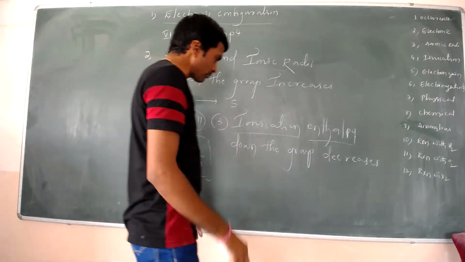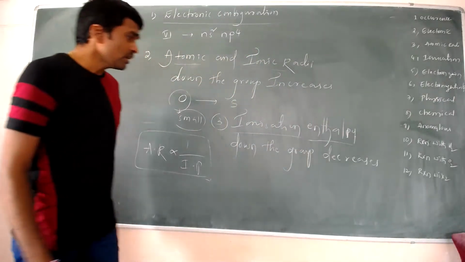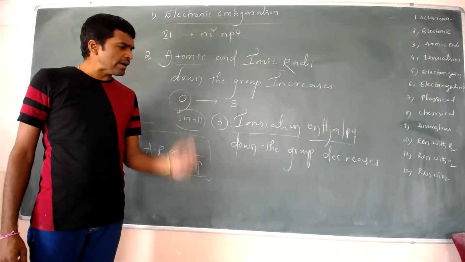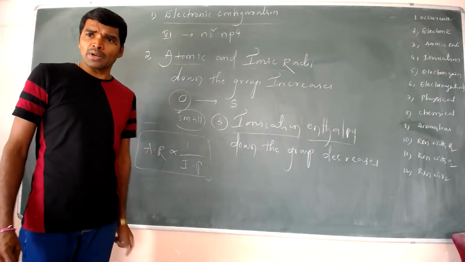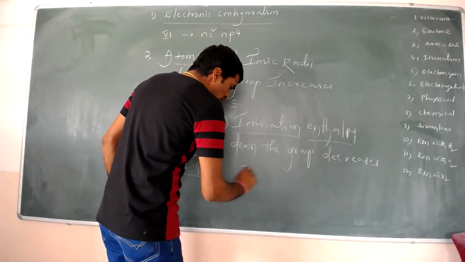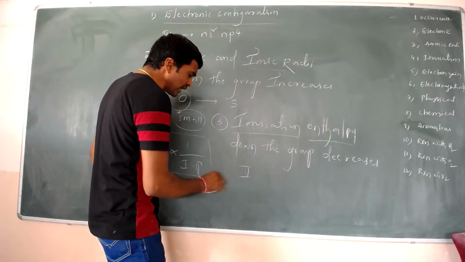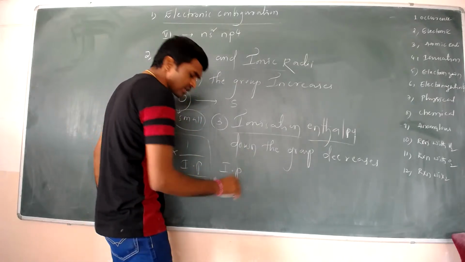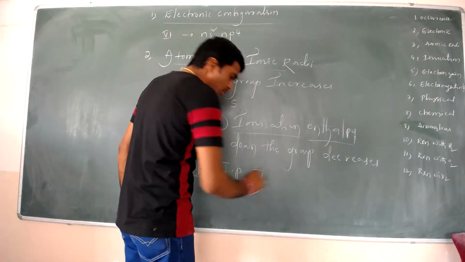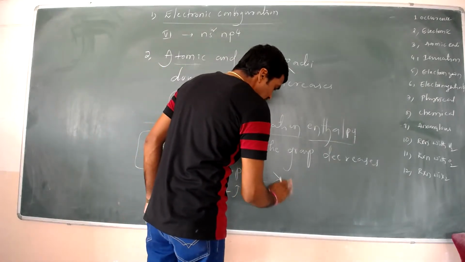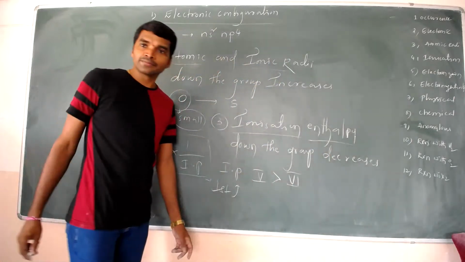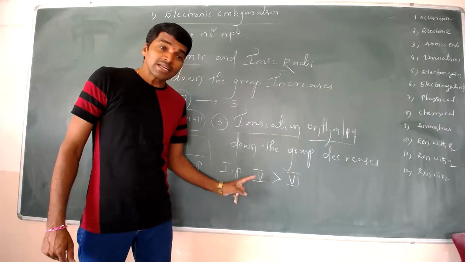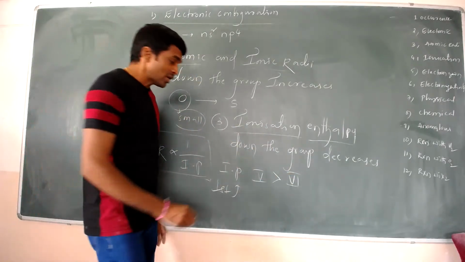Next, one very important point, which I already discussed in fifth group elements. The first ionization enthalpy of fifth group elements is higher than that of sixth group elements. Why? Because the fifth group general electronic configuration is ns2np3 and the sixth group is ns2np4.